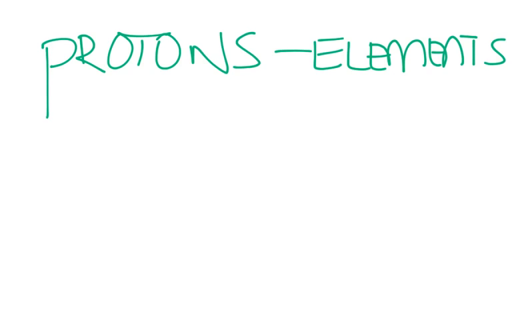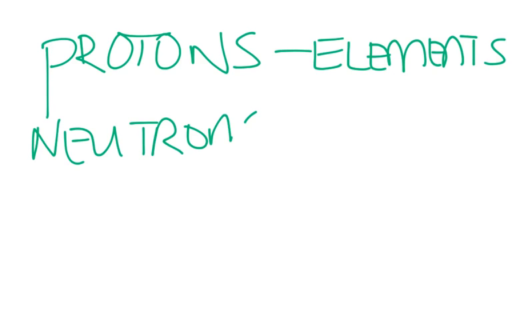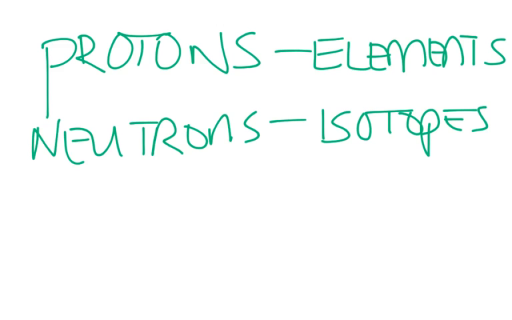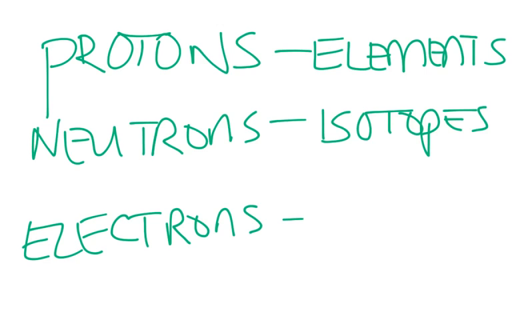Okay, so elements differ by the number of protons. Neutrons are what differs when we're talking about isotopes. So isotopes differ by the number of neutrons. And then today, you learned both of those before, we're adding the third, which is ions. Ions differ by the number of electrons.